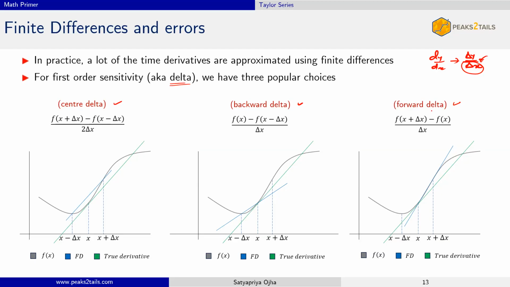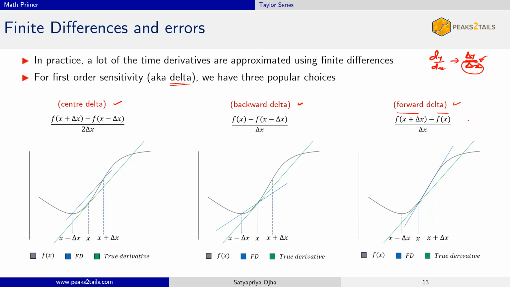Forward delta is very simple. Shock the x positively. Basically, you adjust x upwards. You give a positive shock to x and then measure the new y minus the old y in the numerator.